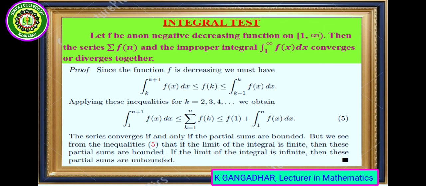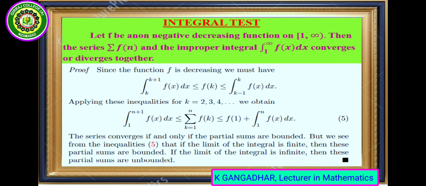So this value is also less than or equal to the integral from k minus 1 to k of f(x) dx. Applying this inequality for k equal to 2, 3, 4 and so on, we get the integral from 1 to n plus 1 of f(x) dx is less than or equal to sigma k equal to 1 to n of f(k), which is less than or equal to f(1) plus the integral from 1 to n of f(x) dx.